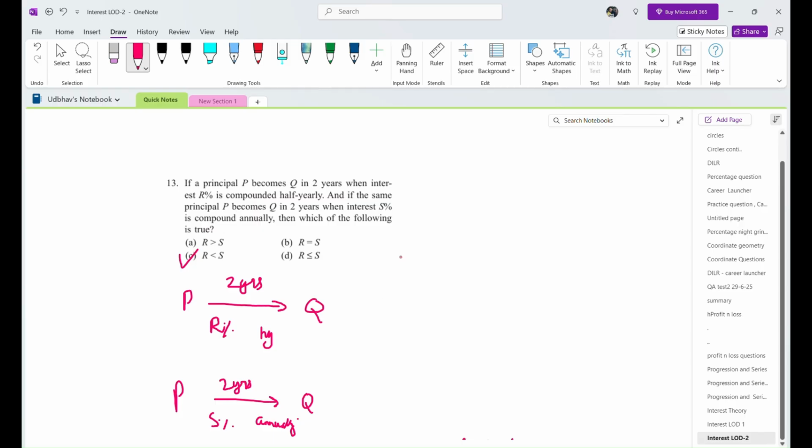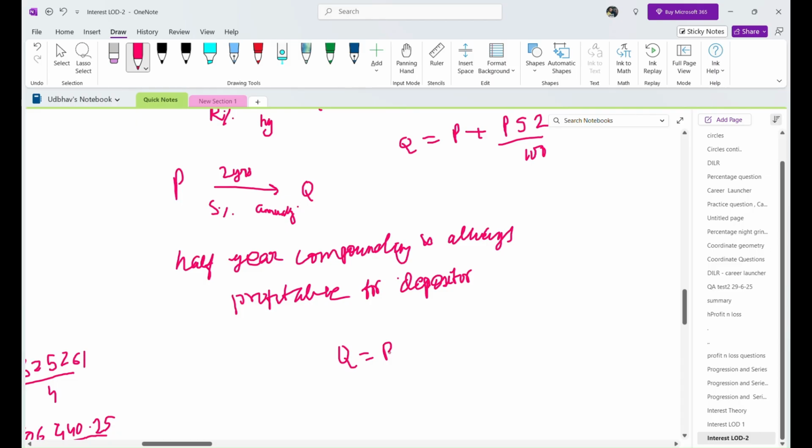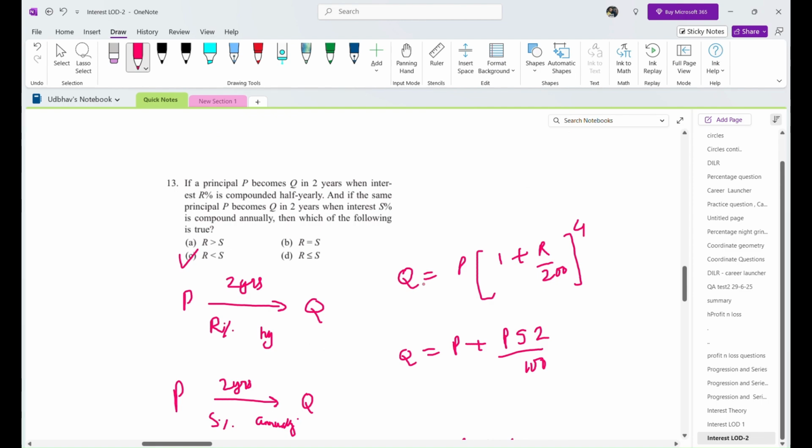We can solve it using the formulas also. Q equals to P 1 plus R upon 200 to the power 4, and Q equals to P plus PS 2 upon 100. From here we got Q equals to P 1 plus S upon 50, and here Q equals to P 1 plus R upon 200 to the power 4.